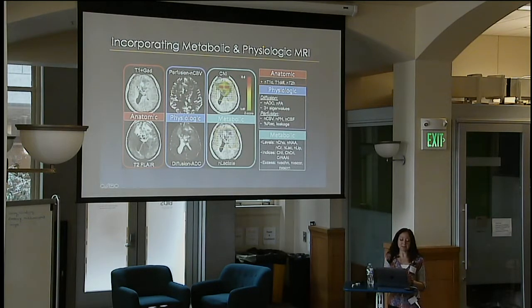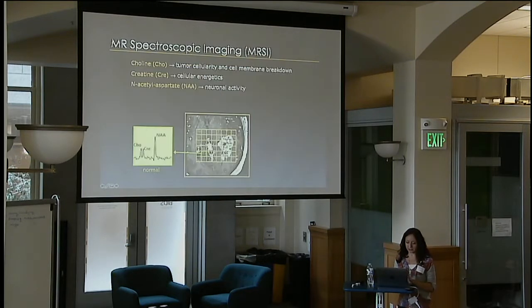And then in more of the research setting, not so much adopted clinically yet, we have metabolic information that can be used to look at cell turnover and hypoxic areas from the presence of lactate. So we now have more tools.